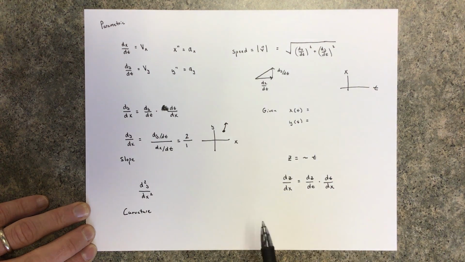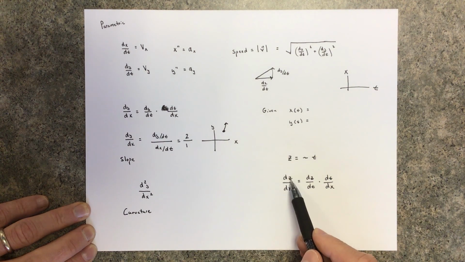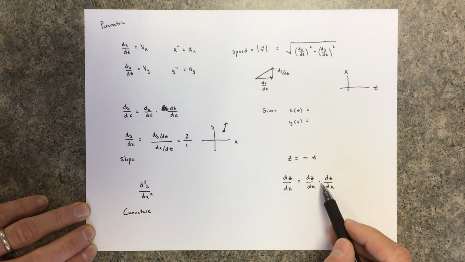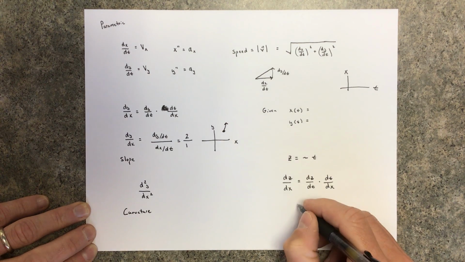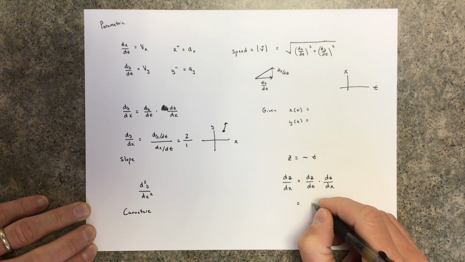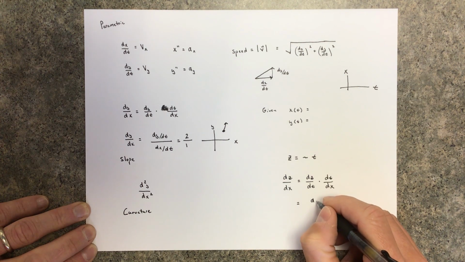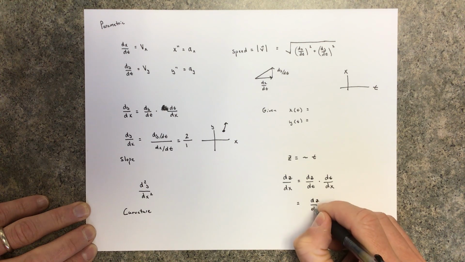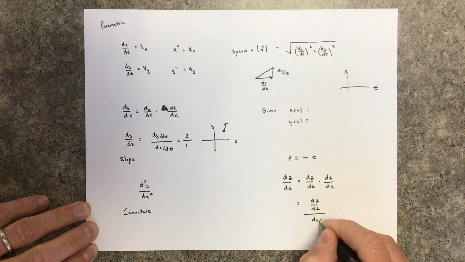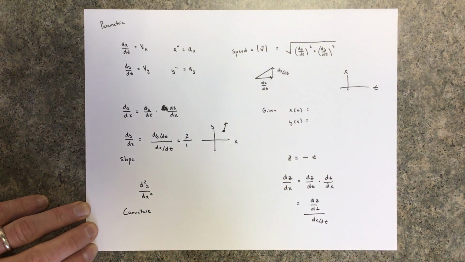And so if I want to find the derivative of something with respect to x, I can take the derivative of it with respect to time and then multiply by dt/dx, but really, I rearrange it just like I did here, that dz/dx is really dz/dt, meaning the time derivative of z, and then I'm going to divide by dx/dt. Well, that's what this is.